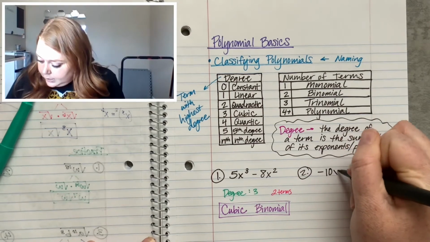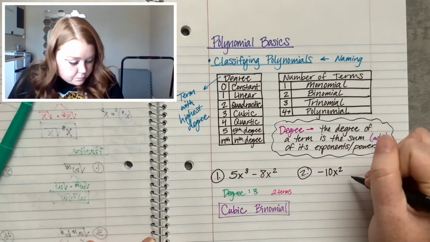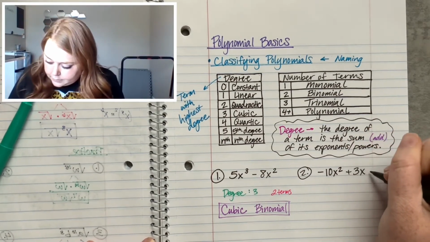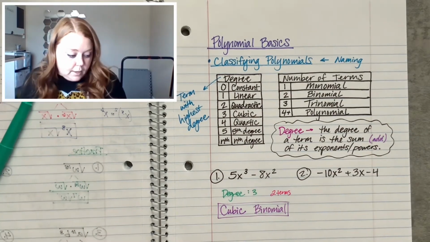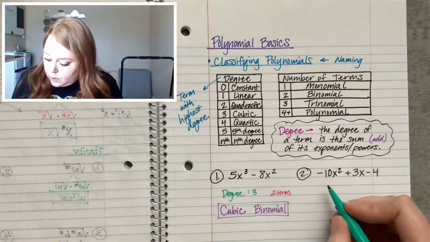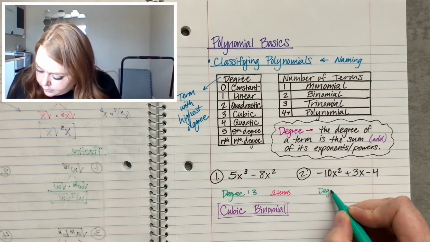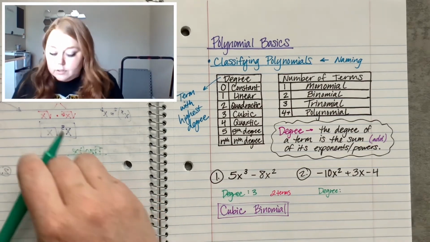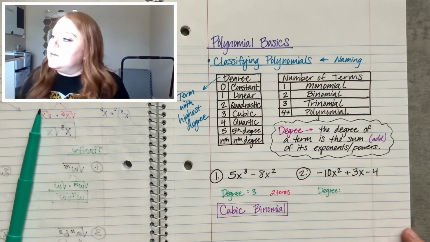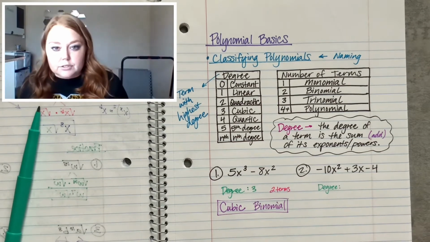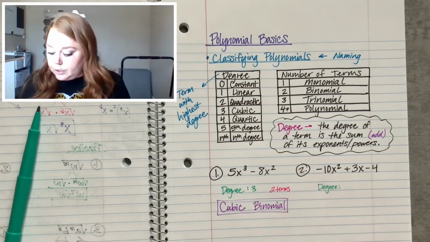Negative 10x squared plus 3x minus 4. Okay, so we're gonna look at the degree and we're also gonna find how many terms it has. Terms to me is pretty easy to identify. And in fact, my eyes kind of do that first for me before I even look at the degree.